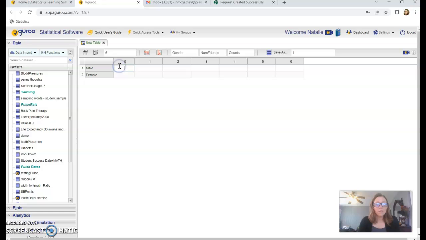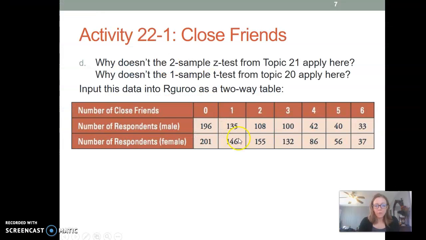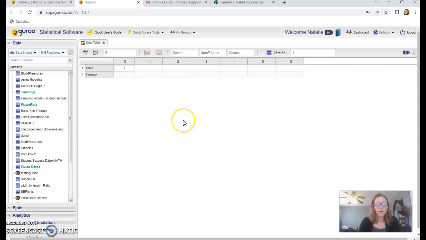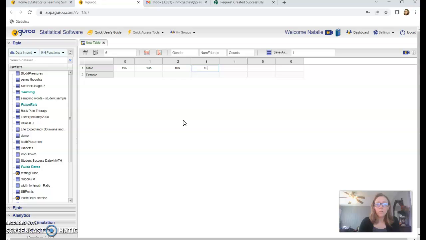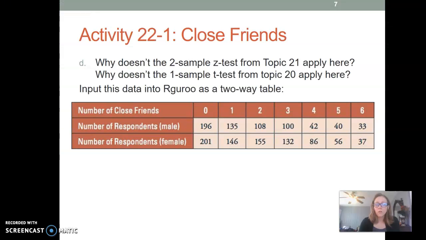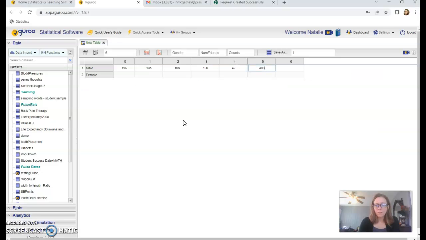Now I can start entering the information from my table. 196, 135, 108, 142, 40, and 33.